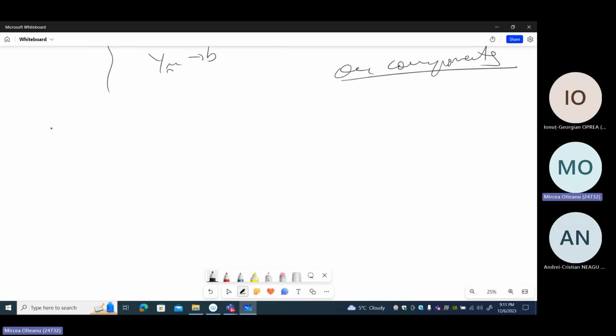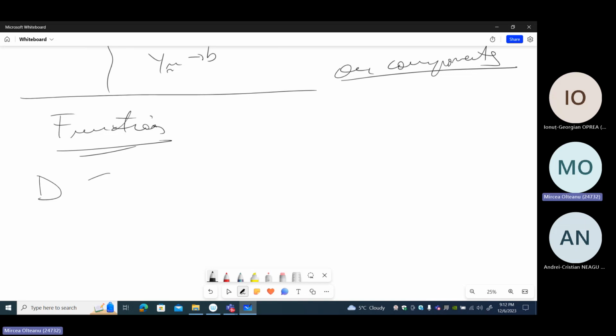For example, now let's discuss functions. This is our goal, actually. Now, what does a function of several variables mean? Well, it means this. We have a subset D in R^n, and a function of n variables is a map from D, which could be also the entire R^n, taking values in R^m.